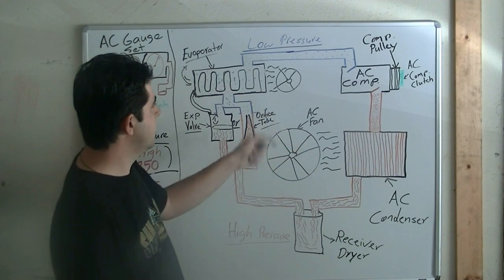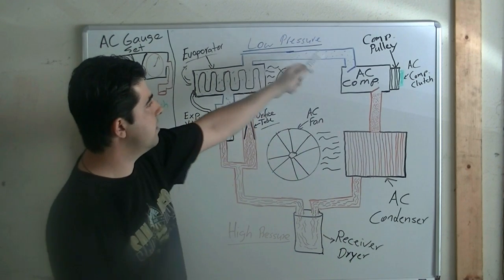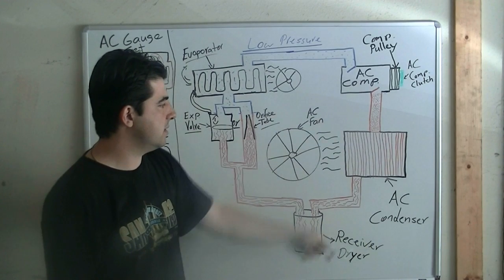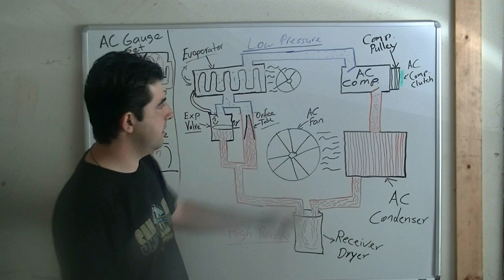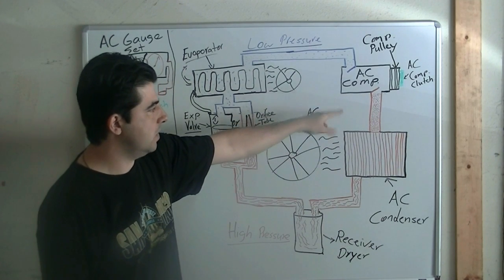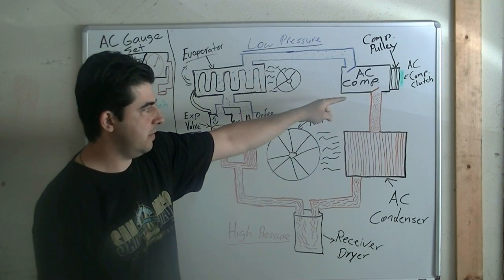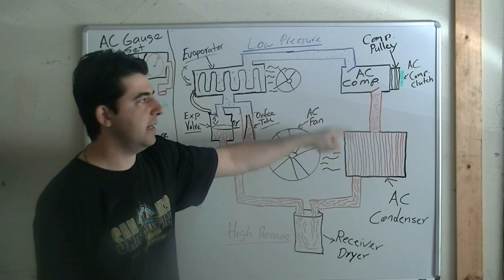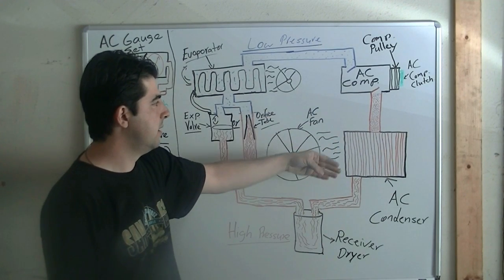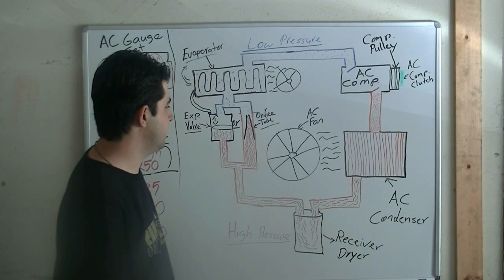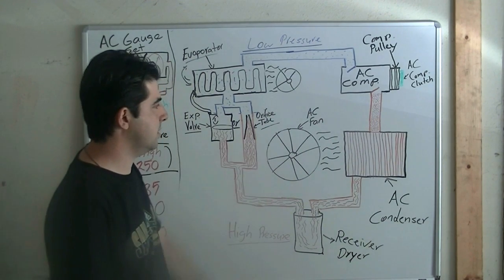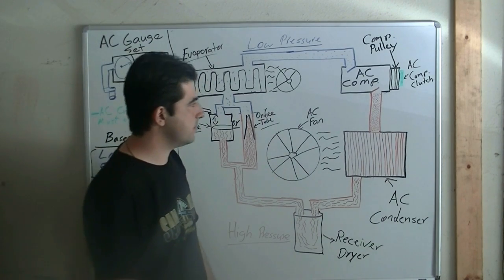As you can see, what I've drawn in blue is going to be your low pressure side, and what's in red is going to be the high pressure side. We'll start at the AC compressor and go through where the freon travels through each component, and I'll tell you what happens to the freon and what the job of each component is as far as the system goes.